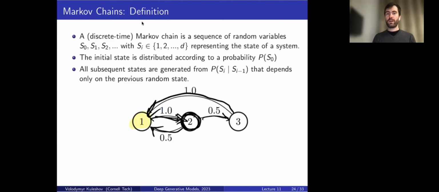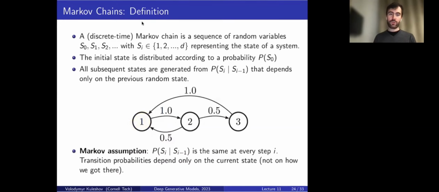So a Markov chain can be visualized by a graph with transition probabilities on each edge, and we can transition from one node to the other with that probability. The crucial aspect of a Markov chain is this Markov assumption, which means that this transition probability is always the same for every step i.